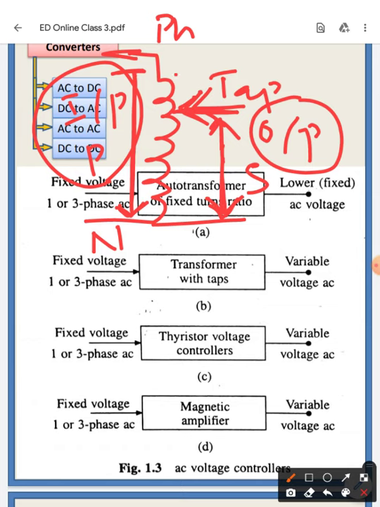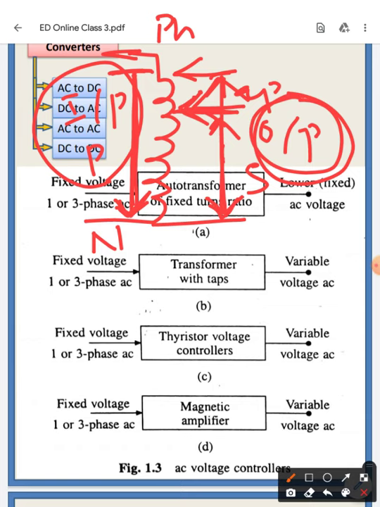If I shift the tap to this point, the number of primary turns is equal to the number of secondary turns, which means the output voltage equals the input voltage.